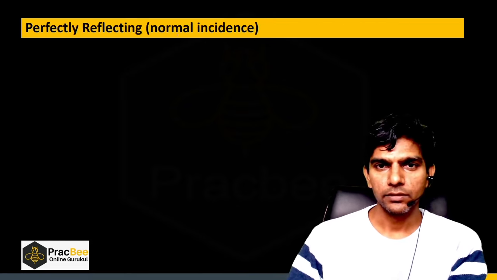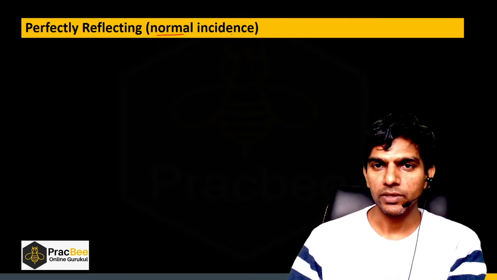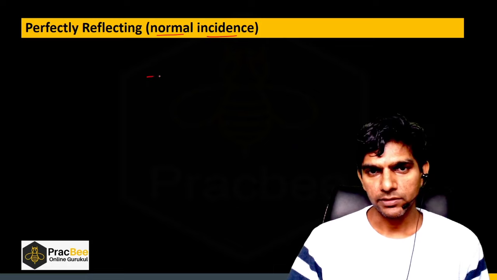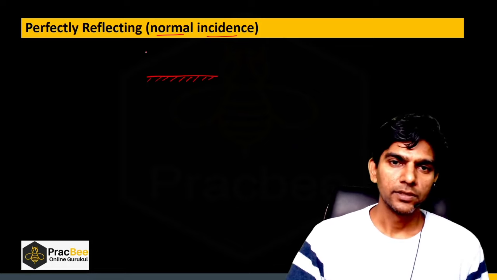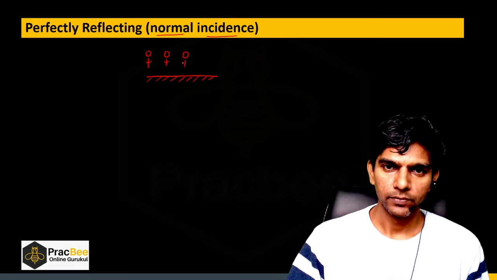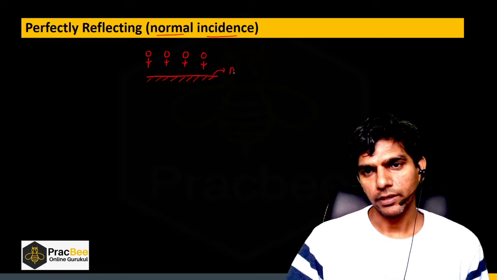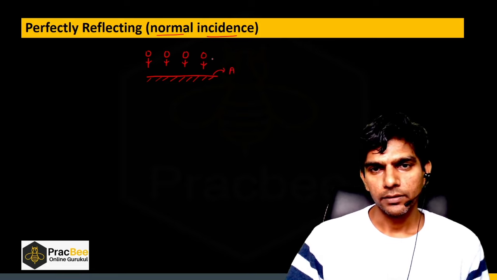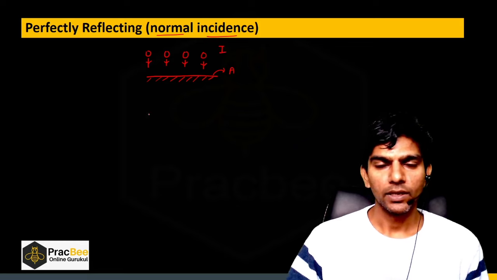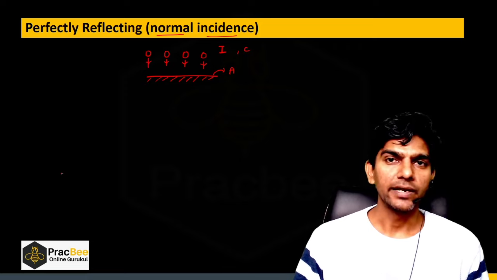Now let us see the first case, perfectly reflecting surface and for normal incidence. So if there is a surface, it's a perfectly reflecting surface. Now we have photons which are incident normally. Let us say the area is A, I is the intensity of the radiation, and C is the speed of light in vacuum.